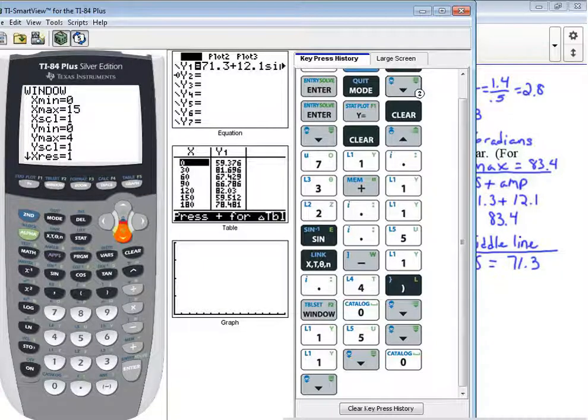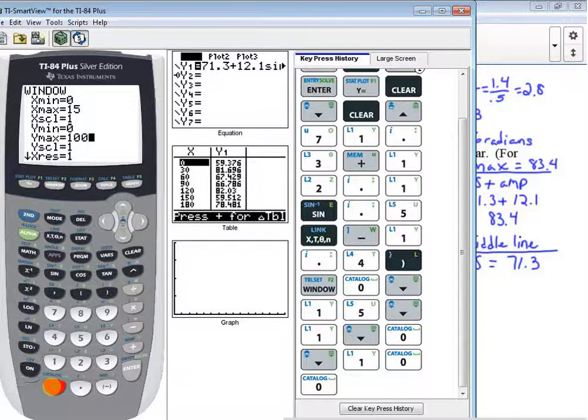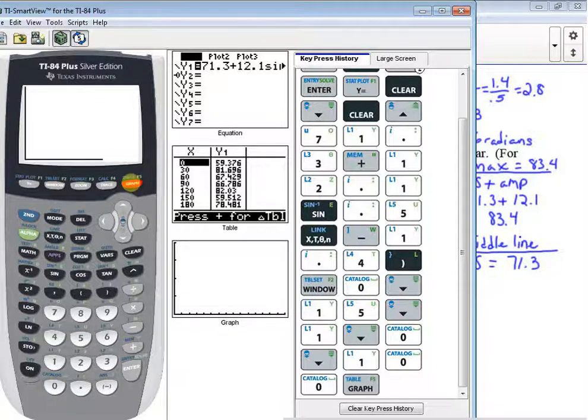So I'm going to put my y max up to like 100. If you put y max at 84, you will not be able to find the actual maximum on the calculator. You can find it, it's just the words run into the graph itself. So I'm going to do that and hit graph.